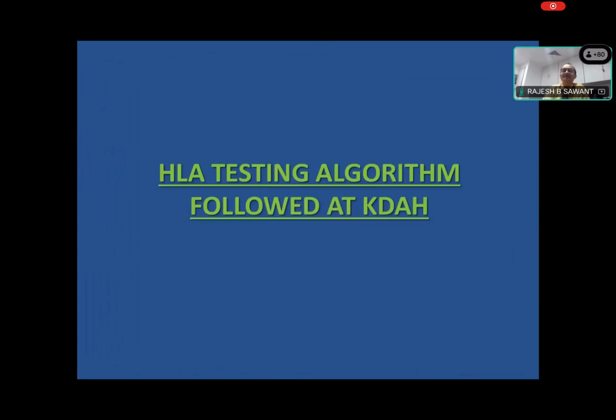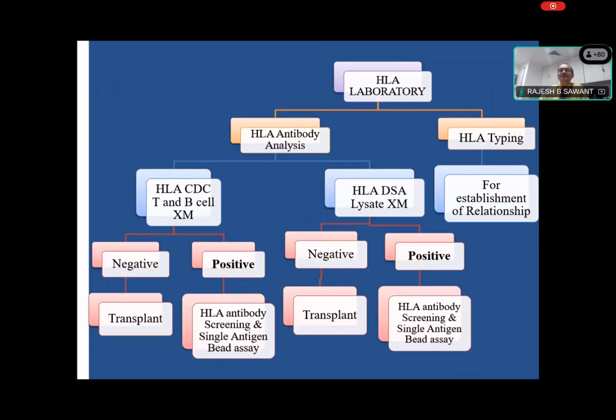So with this, I would like to share our algorithm at Kokilaben Dhirubhai Ambani Hospital, where we do HLA antibody testing. Whenever there is a patient, say for a bone marrow transplant or a haploidentical transplant, when it is just a fully matched bone marrow transplant, what is of paramount importance is doing a high resolution HLA typing.